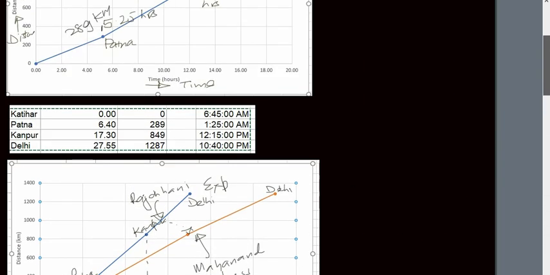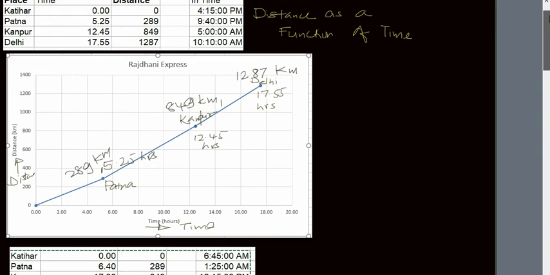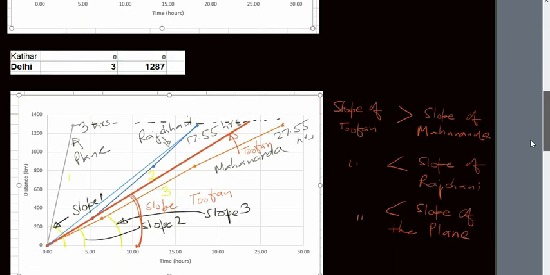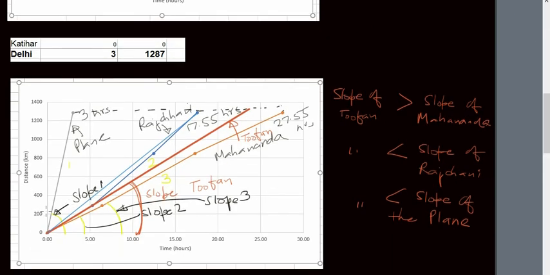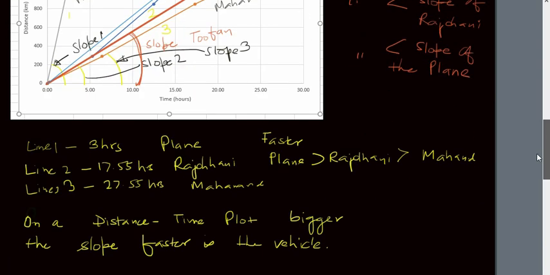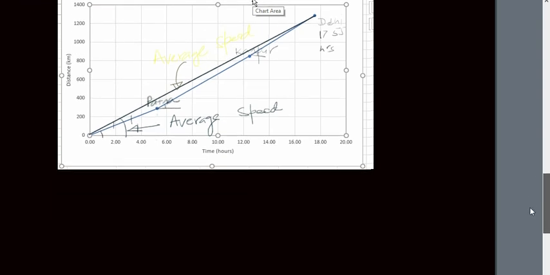So we saw function, distance is a function of time, and we saw the slope is what tells us about rate of change. So if I give you an example of a mountain, that's where we hear most about slope.